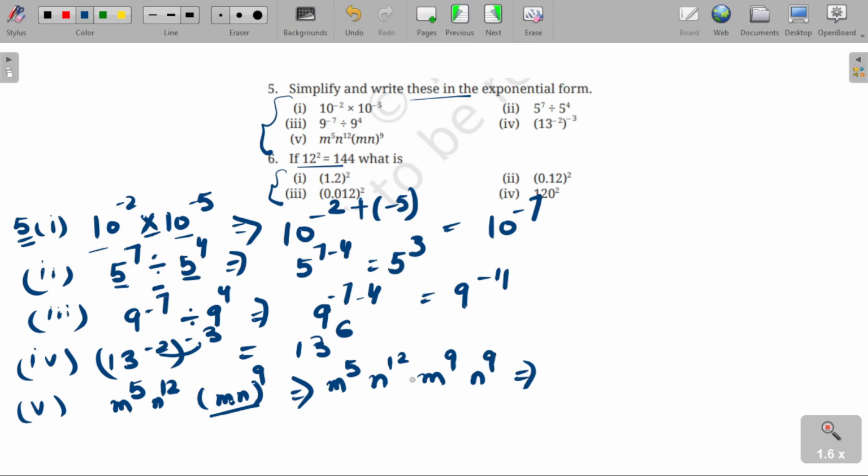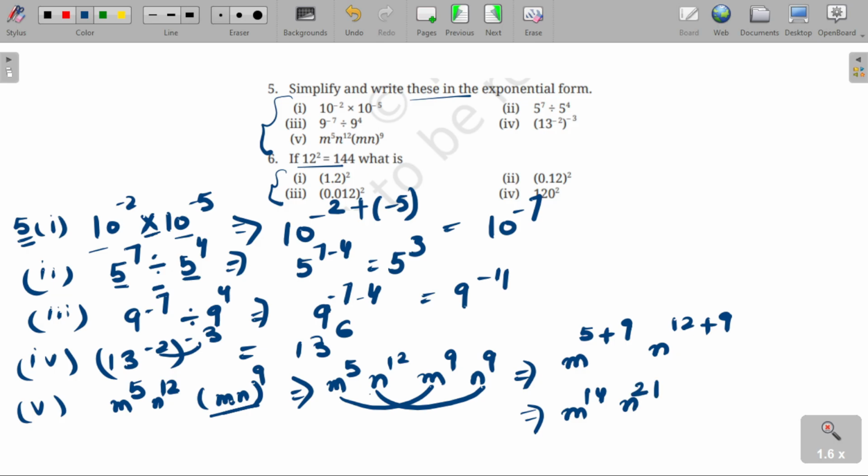Now we will rearrange the powers of m and the powers of n. m raised to 5 plus 9 and n raised to 12 plus 9. So it will lead us to m raised to 14 and n raised to 21. This is part 5, question number 5, and all the parts will be simplified to the exponential form.